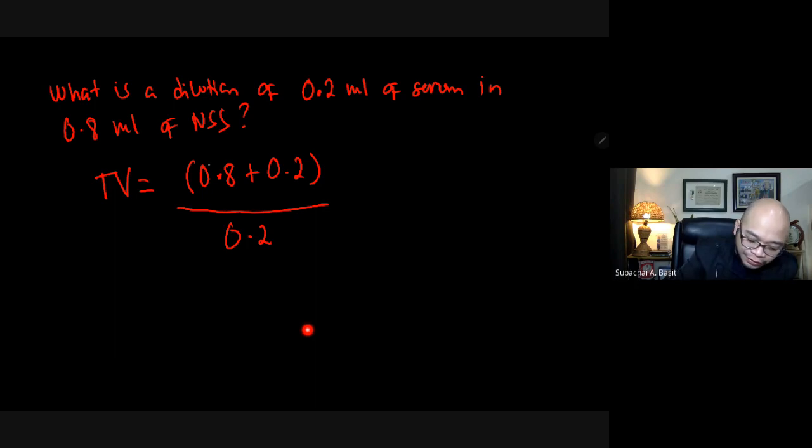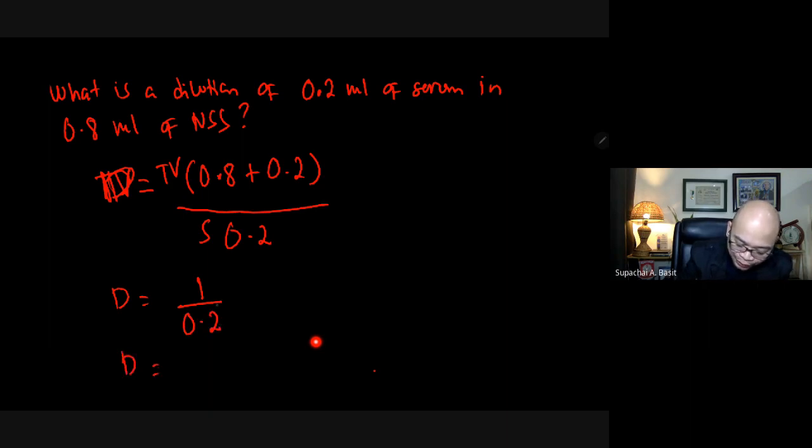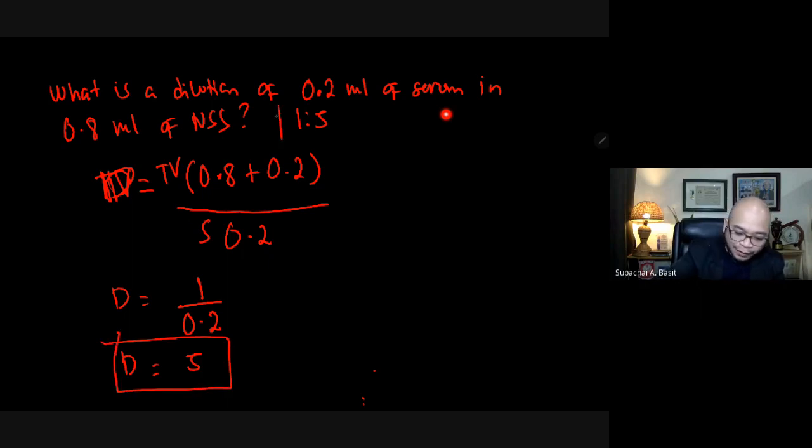So, sorry, this is dilution pala. And this is the total volume. And then this is the solute. Therefore, the dilution is 1 over 0.2. And 1 over 0.2 is 5. So the ratio is 1:5. Okay, I hope that's clear, ha?